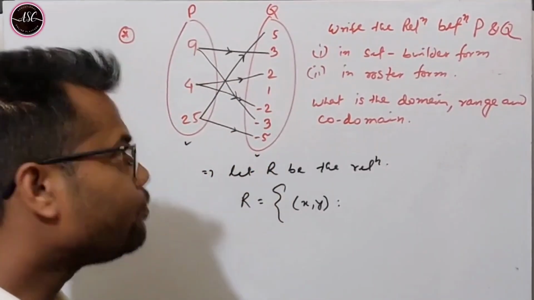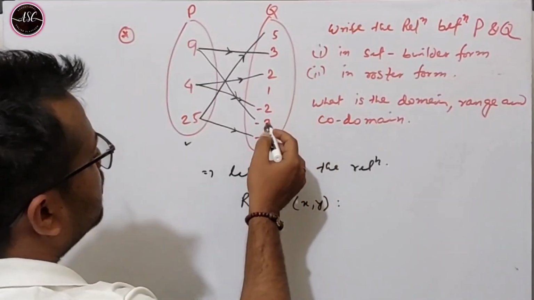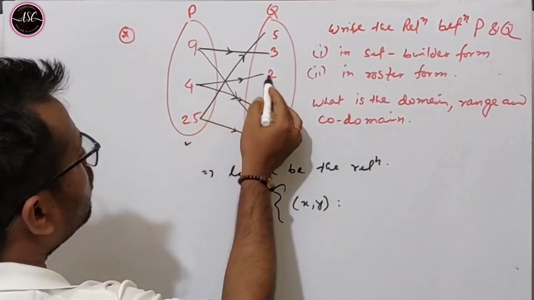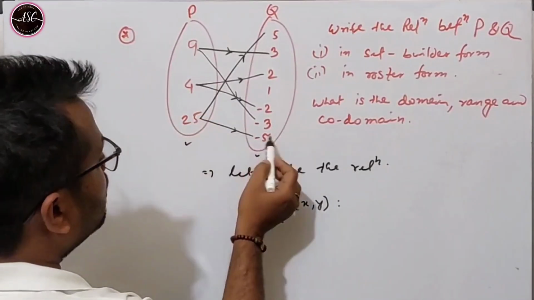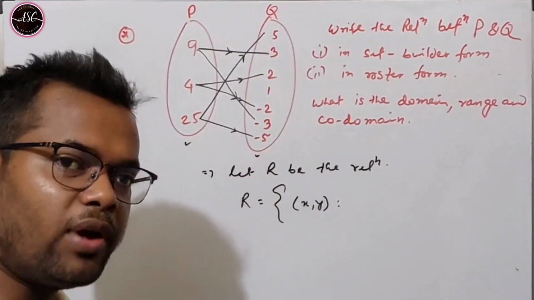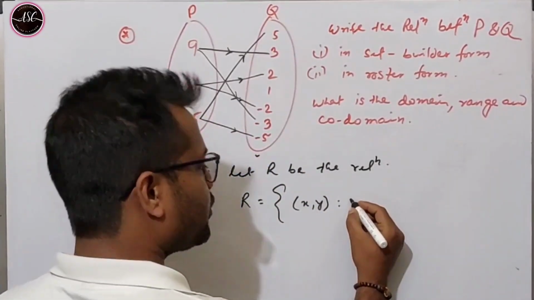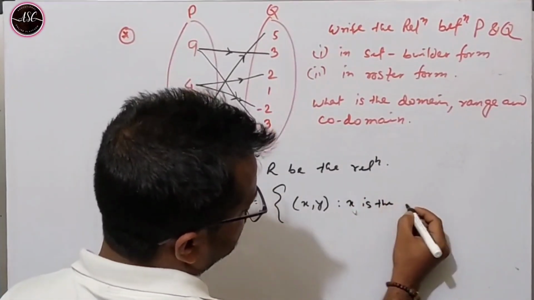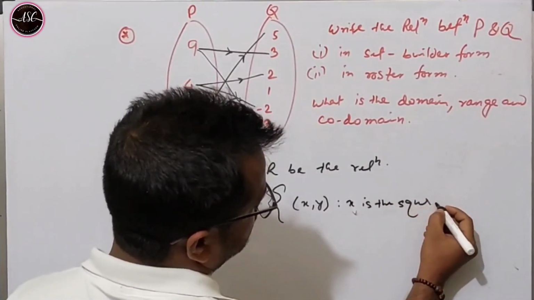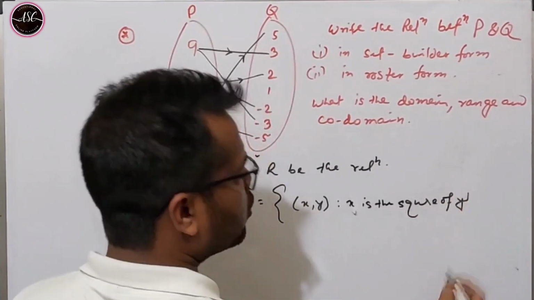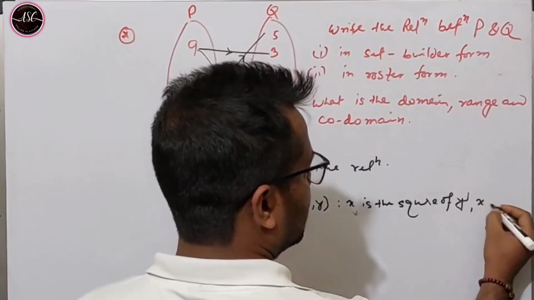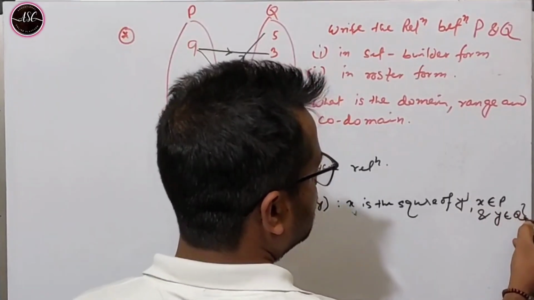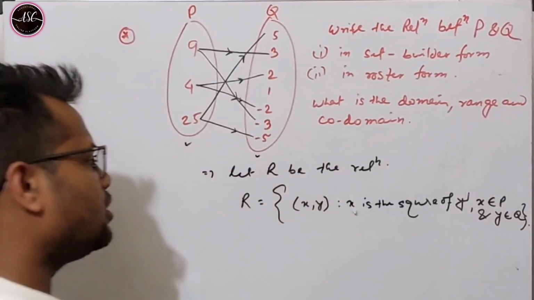So here the square of 3 and minus 3 will be 9, and 2 and minus 2 will be 4, 5 and minus 5 will be 25. So here we can write x is the square of y, where x belongs to P and y belongs to Q. So our set builder form has been completed.